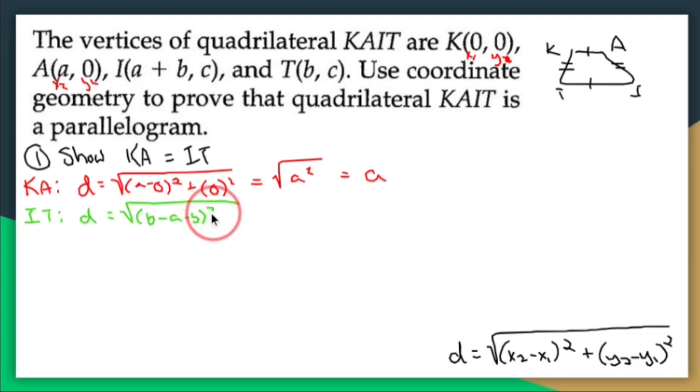I know that looks weird, but trust me. Plus c minus c, which is 0, so 0 squared. B minus b cancels out, giving me a squared, plus 0 is just a squared. And again, the square root of a squared is a.